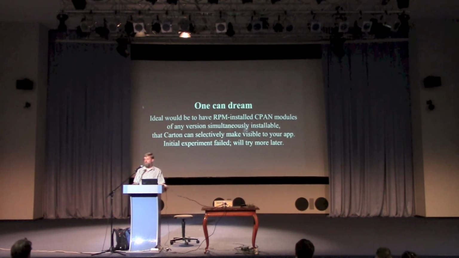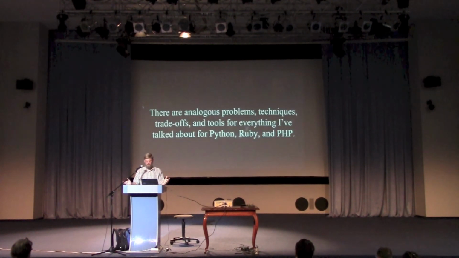Among other things, it would be really neat to have most of your CPAN modules installed as RPMs, and then as a developer to say to Carton, yeah, I want to try these other ones out, and it goes and installs them from source into the home directory, and then have it tell me, okay, here's what you're using that isn't RPM packaged. Go send this list to your system administrator and get them built. It'd be a nice hybrid with some of the best of both worlds.